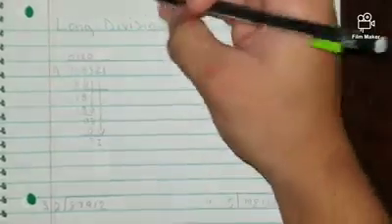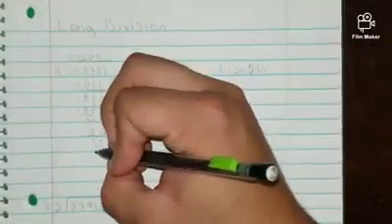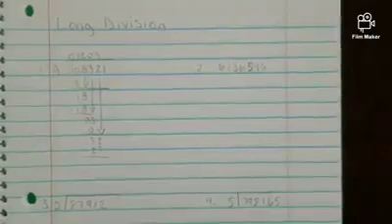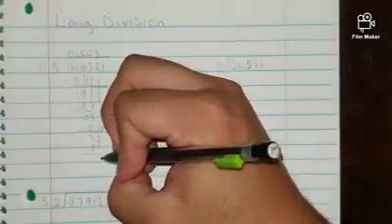9 into 32 would go in 3 times. 9 times 3 is 27. We subtract. 32 minus 27 would give us 5.